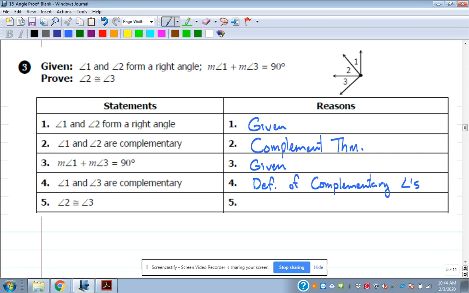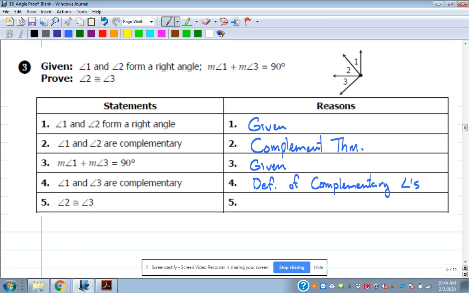But by them forming a right angle, we know that they're complements of one another, and we don't have any measurement involved. So number 2 is a theorem, the complement theorem, where number 4 is the definition of complementary angles because there's an addition involved. There's a math problem that got us there. That's a hard difference to differentiate because they do the same things.